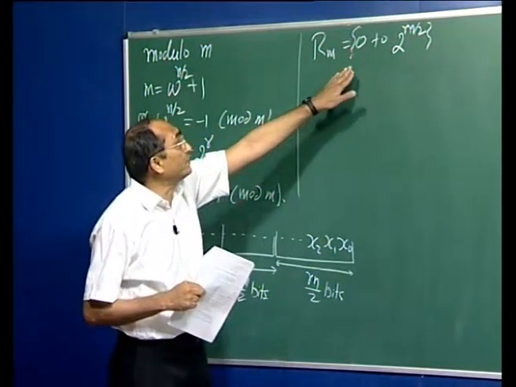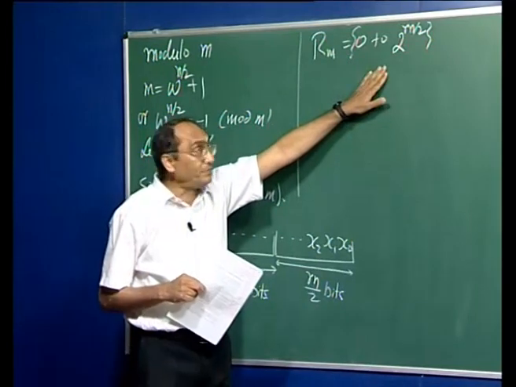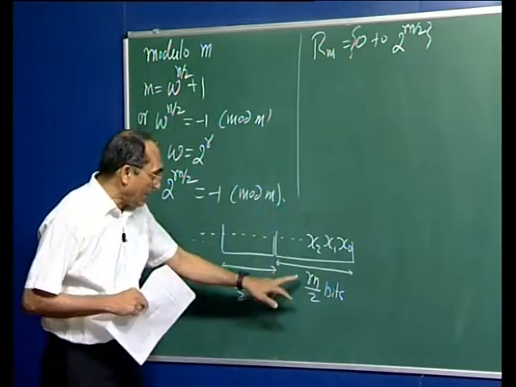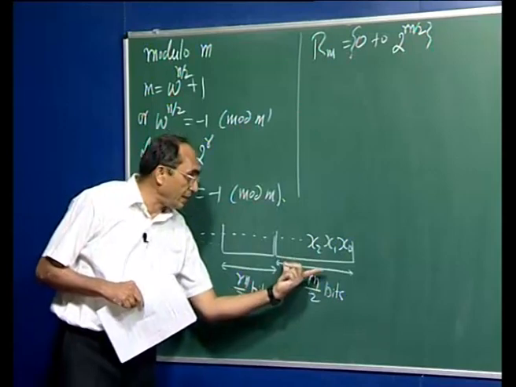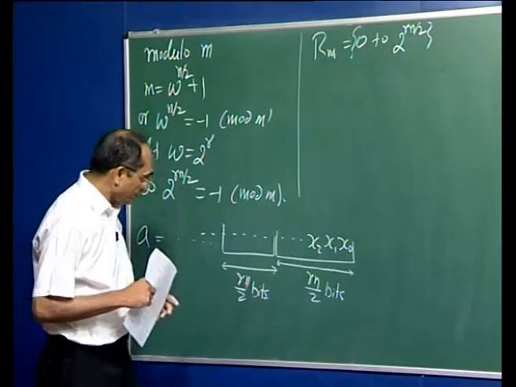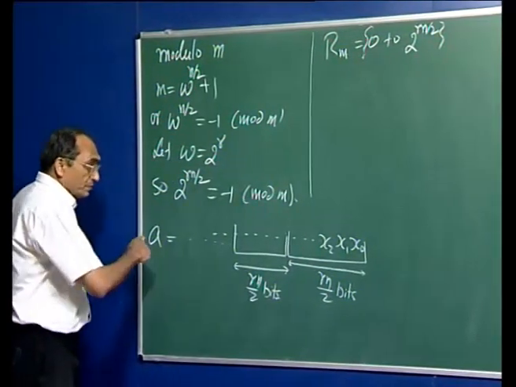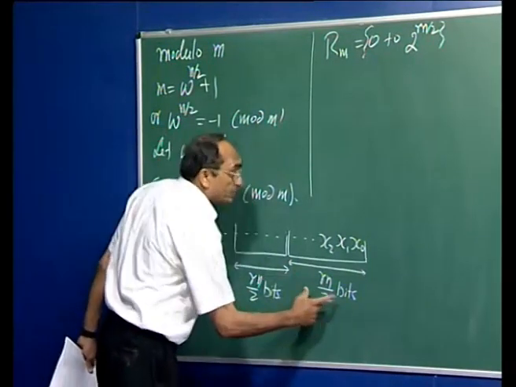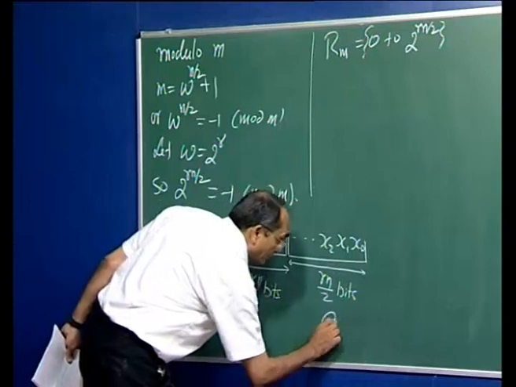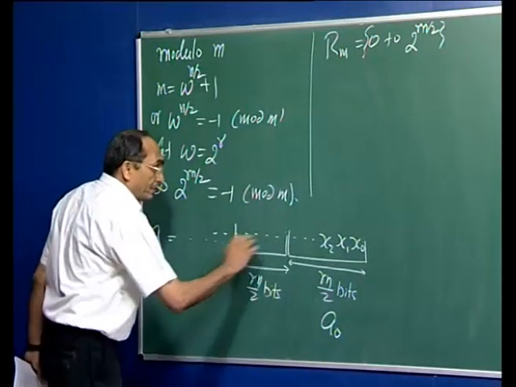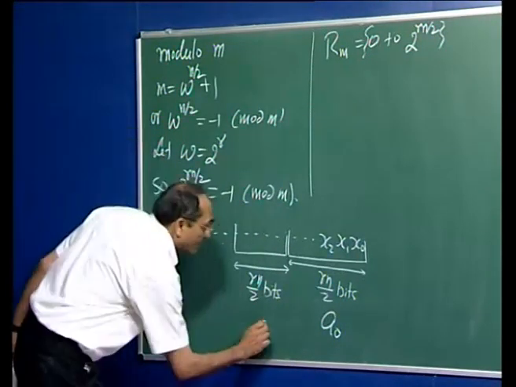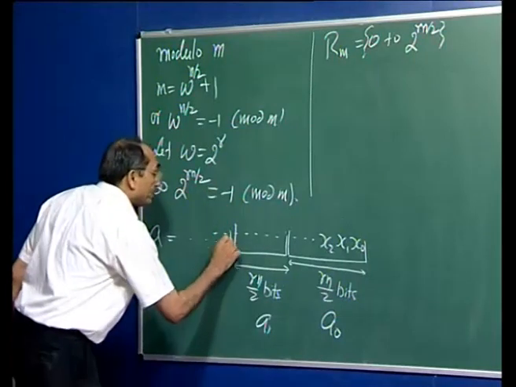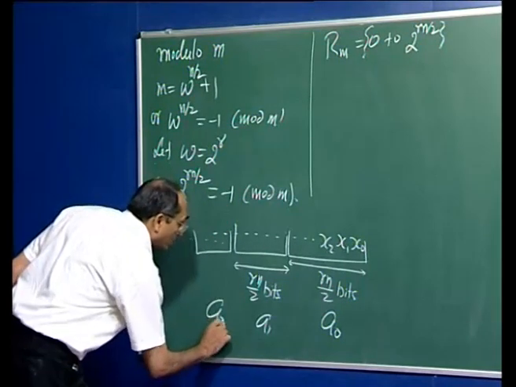The size of the numbers in terms of number of bits can be up to rn by 2, as big as this. Now, let us suppose the number expressed by these rn by 2 bits is A0, the number expressed by the next rn by 2 bits is A1, and so on, A2, etc.